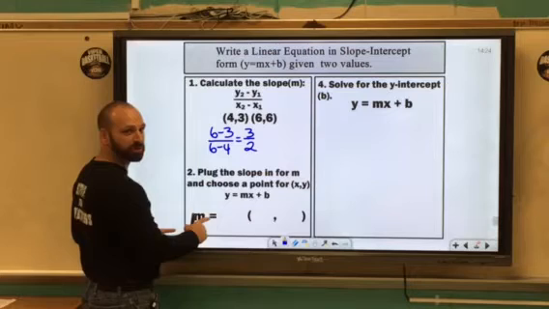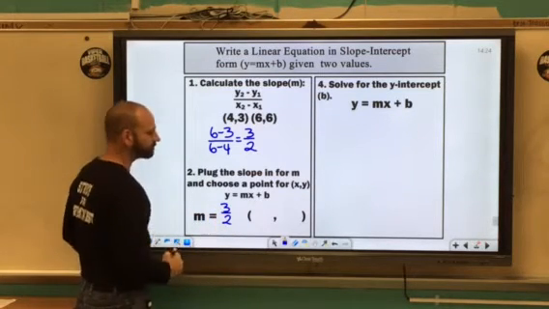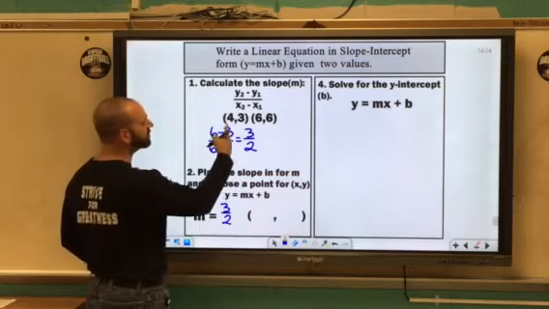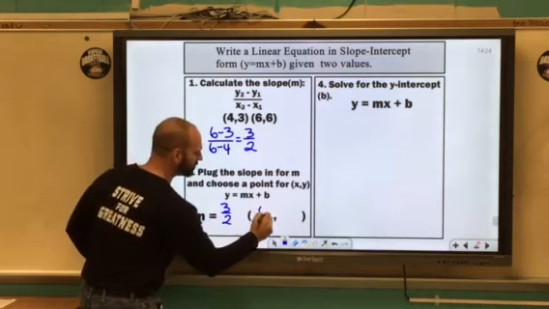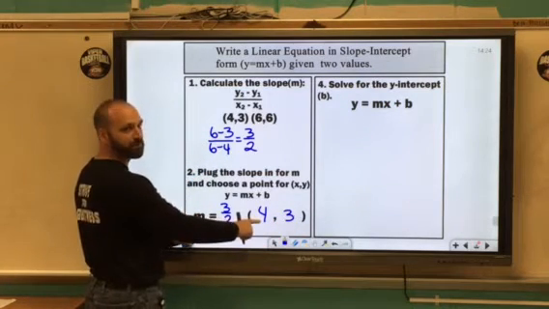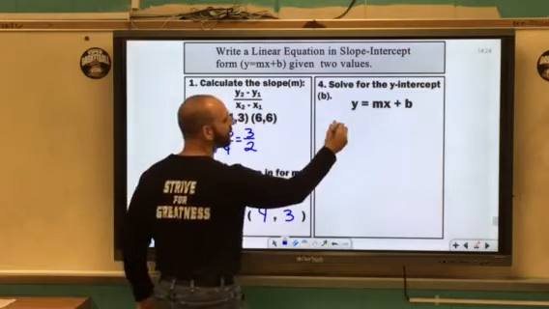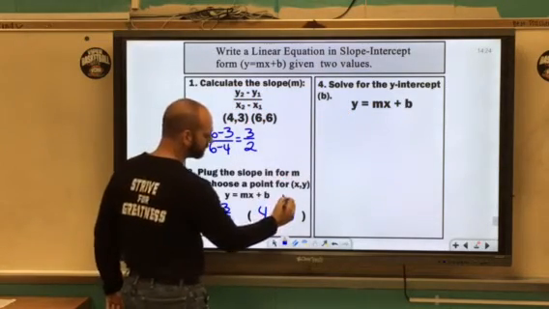Next, just like in our previous problem, we're going to take our slope and 1 point. You can use either this point or this point. It's your choice. I'm going to go ahead and use 4, 3. We're going to take that information and then plug it into our equation. So instead of y, we're going to use 3.